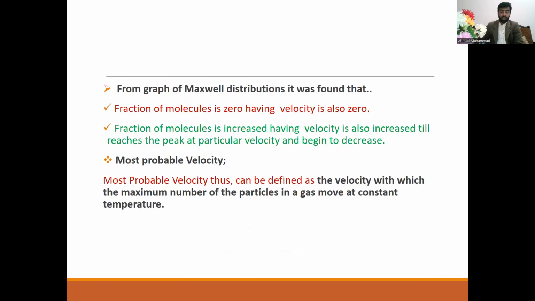From the graph, we have found two or three things. First, the fraction of molecules having zero velocity is also zero.